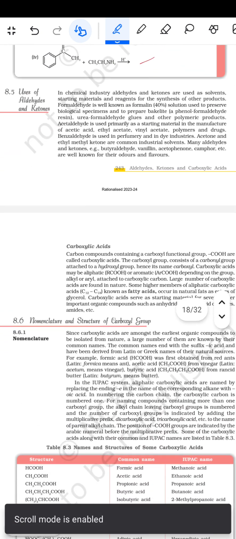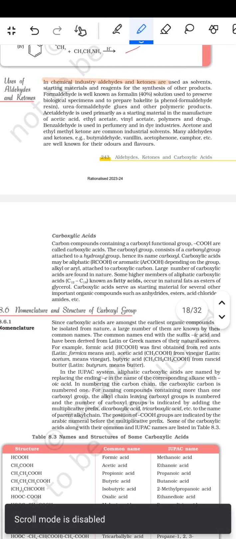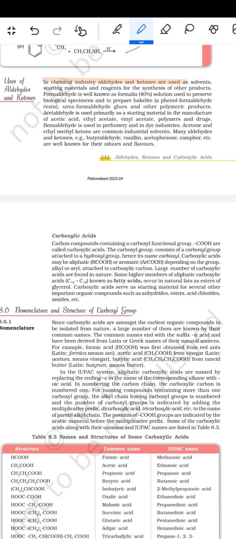Now the uses of the aldehydes and the ketones. In the chemical industry, aldehydes and the ketones are used as the solvents, starting materials and reagents for the synthesis of other products. Formaldehyde is well known as formalin, a 40% solution used to preserve biological specimens and to prepare bakelite, phenol formaldehyde resin, urea formaldehyde glues, and other polymeric products.